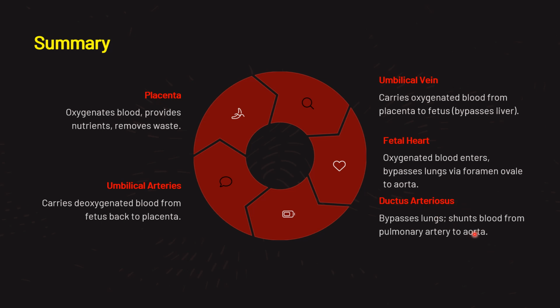And here it circulates to the lower extremities. After that, the umbilical arteries carry the deoxygenated blood from the fetus back to the placenta.